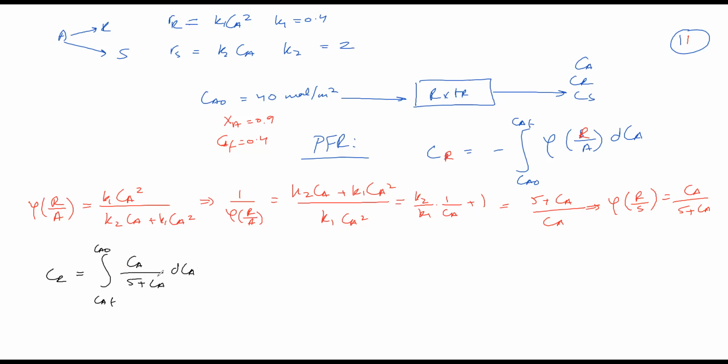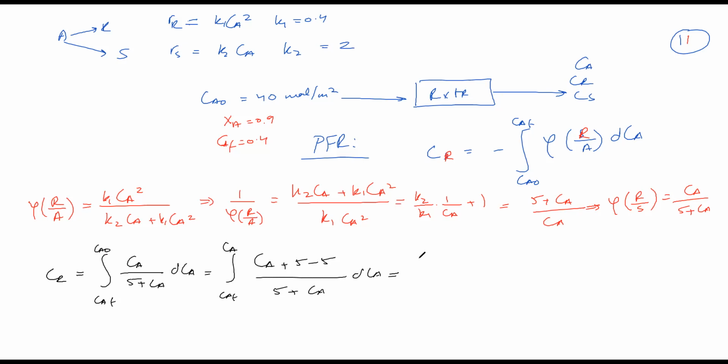In order to do this easily, without having to split a fraction, I'm going to write CA plus 5 minus 5 divided by 5 plus CA dCA. So I just added 5 and subtracted 5, and then I'm going to split this fraction.